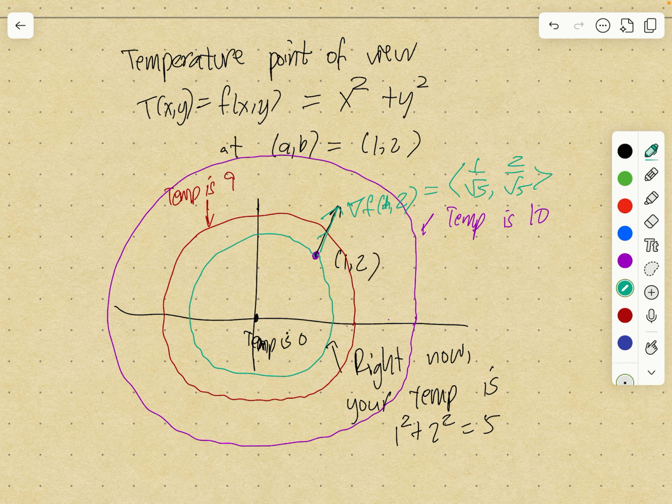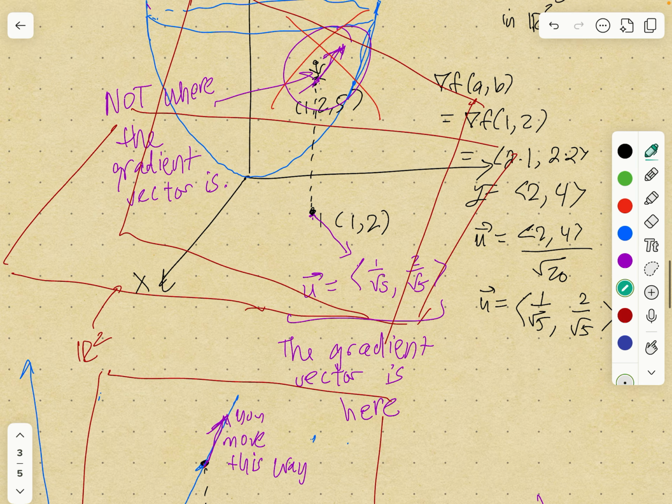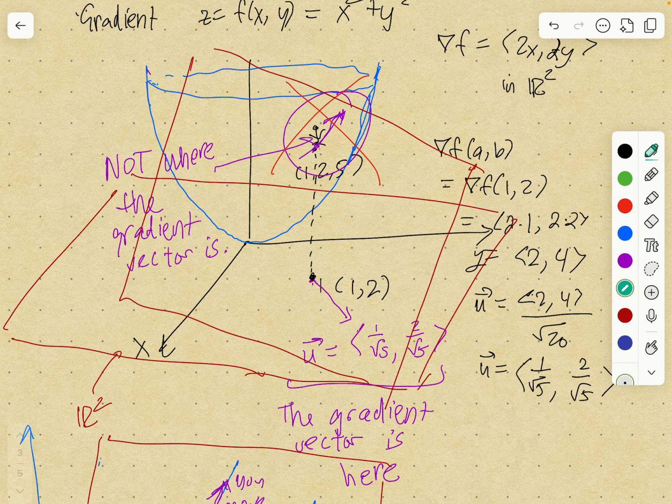Here, since you're thinking of yourself as a bug or a particle on the xy plane, when you're moving in the direction of the gradient, you're actually moving on the plane. So this way of thinking about the gradient makes a bit more sense in terms of the temperature point of view, as opposed to the mountain point of view, where the way that you're going up the mountain isn't actually where the gradient is pointing.